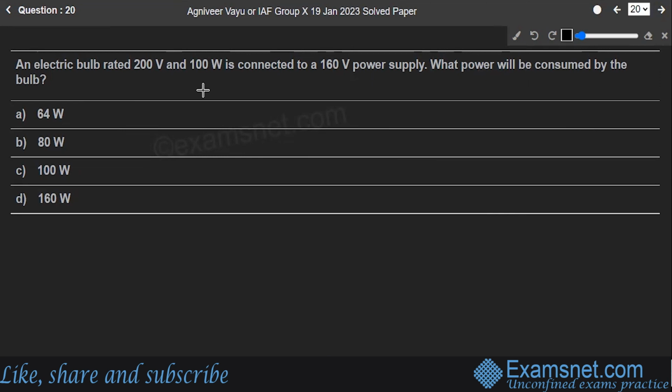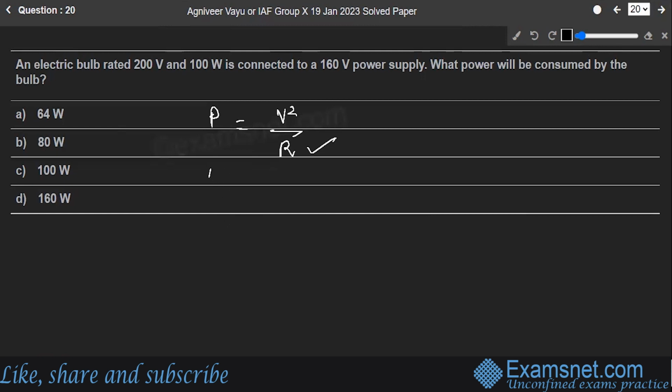Electric power is the rate at which the electric energy is transferred by an electric circuit. The SI unit of power is watt, or you can say 1 joule per second, and it is given by P is equal to V square upon R. Now, let's say in this question R is a variable which is denoting the resistance of the bulb.